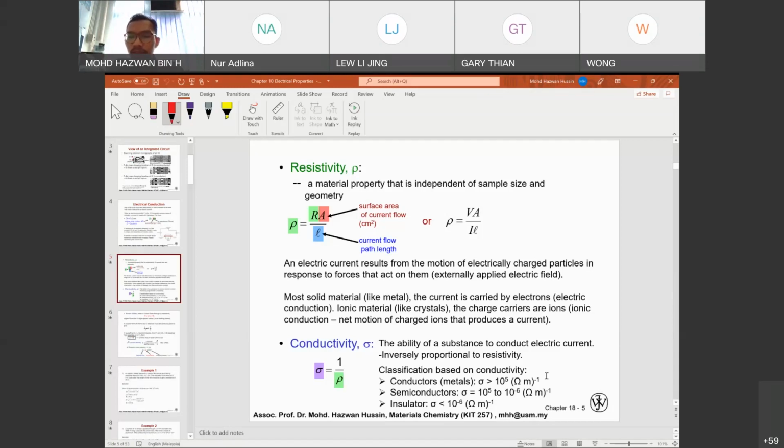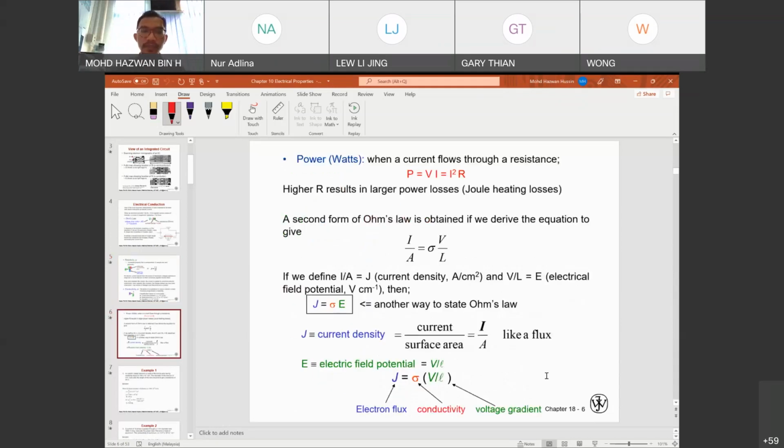Semiconductors are lower than that, from 10 to the power of 5 to 10 to the power of minus 6 Siemens or ohm over meter. And finally, an insulator is anything lower than 10 to the power of minus 6, minus 7, minus 8, minus 20, or whatsoever. All this can be categorized as insulator.